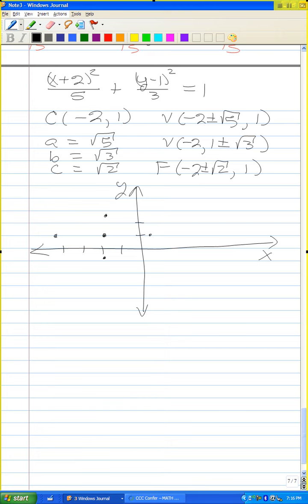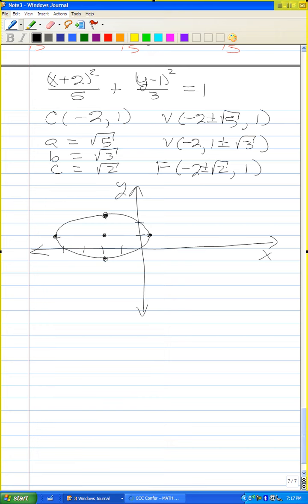Okay, so my ellipse should look something like, actually, that's not too horribly bad, at least all but this last piece that I drew.